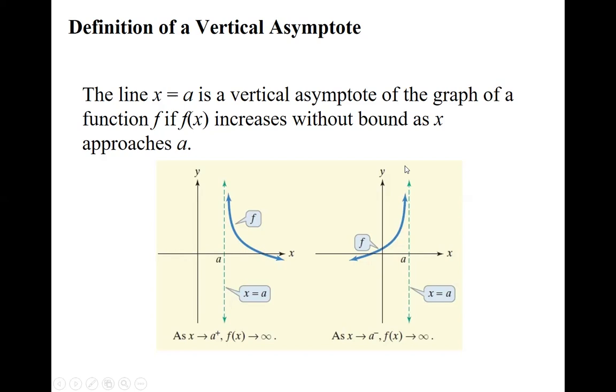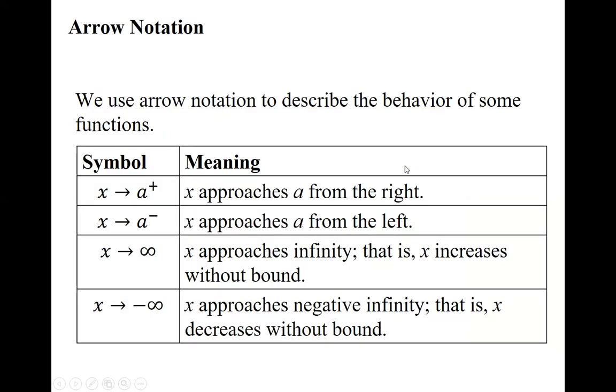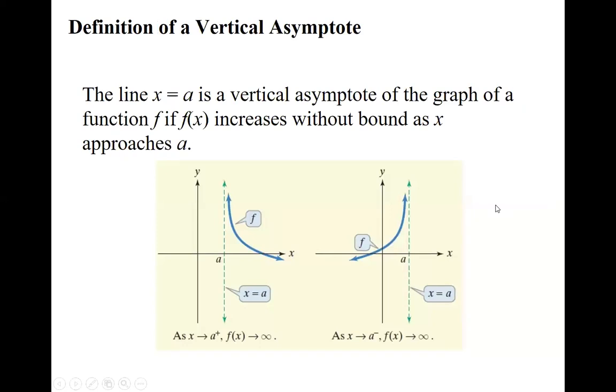So when we talked about arrow notation, we talked about x approaching infinity, x going to the right, x approaching negative infinity, x going to the left. Well, if our f of x, if our function approaches infinity, that's going to be up forever. If our function approaches negative infinity, that's going to be down forever. Here, this is two examples of the function going up forever.